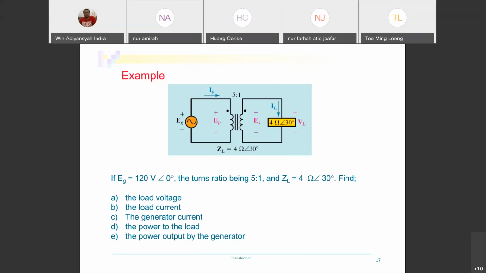Let's see. First one is load voltage. Load voltage is the VL.